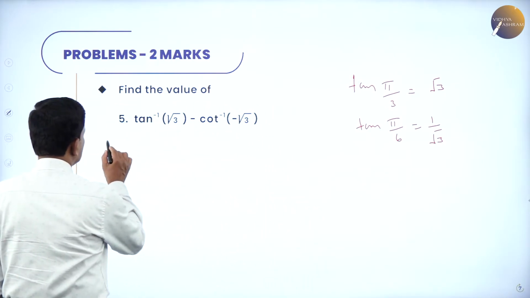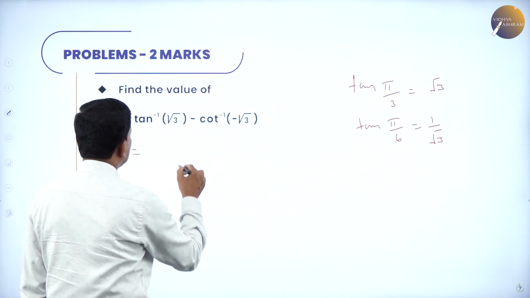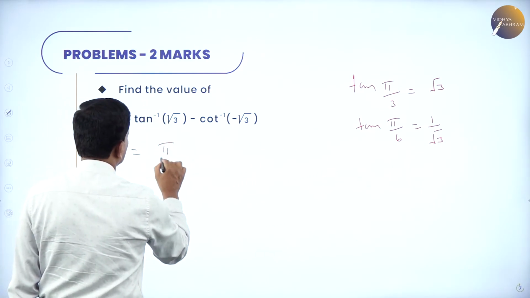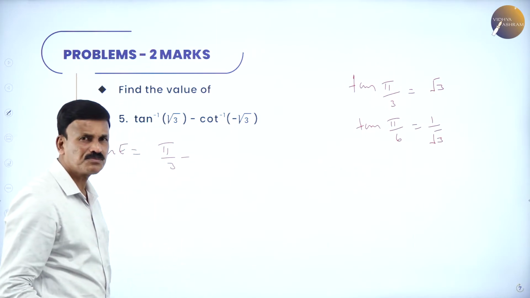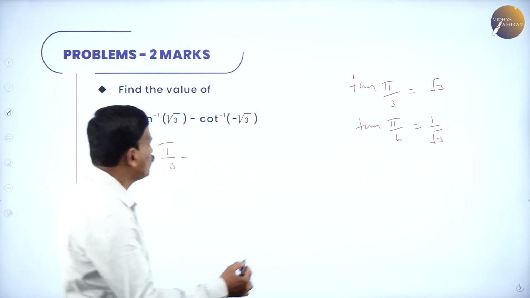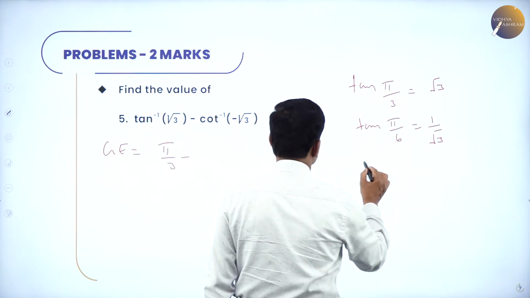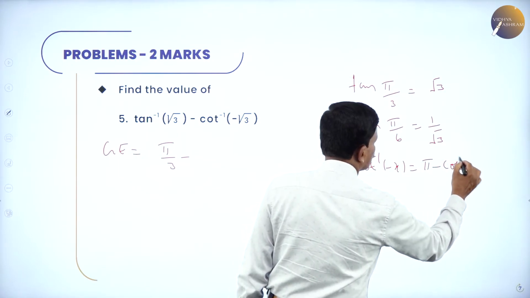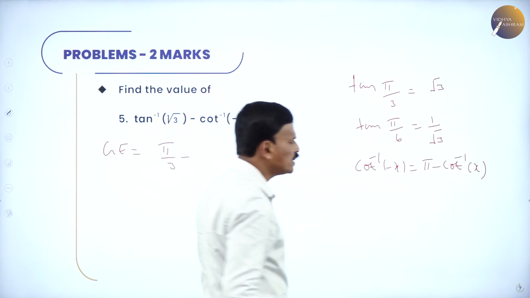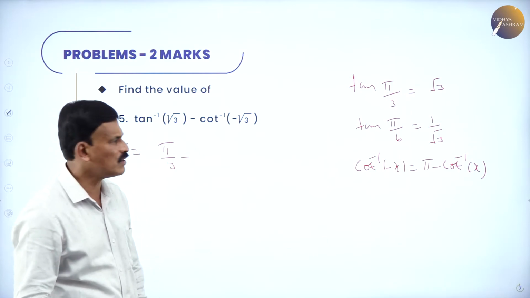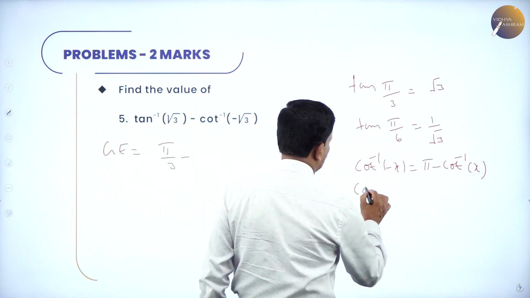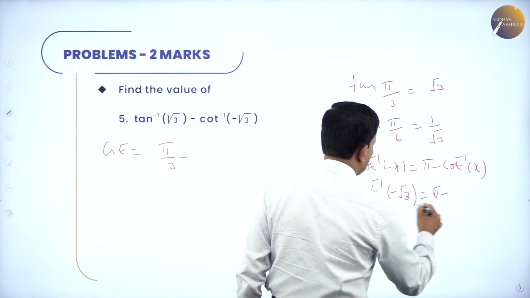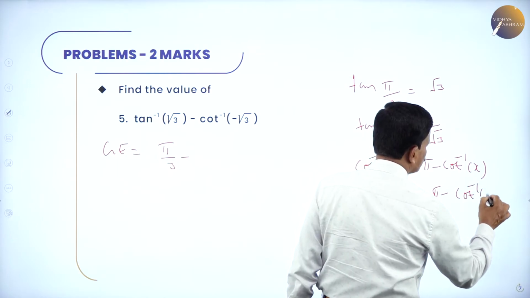Now substitute here. The given equation can be written as, what is tan inverse of root 3? Tan inverse of root 3 is nothing but pi by 3 minus, since there is one formula, cot inverse of minus x is equal to pi minus cot inverse x. So cot inverse of minus root 3 can be written as pi minus cot inverse root 3.